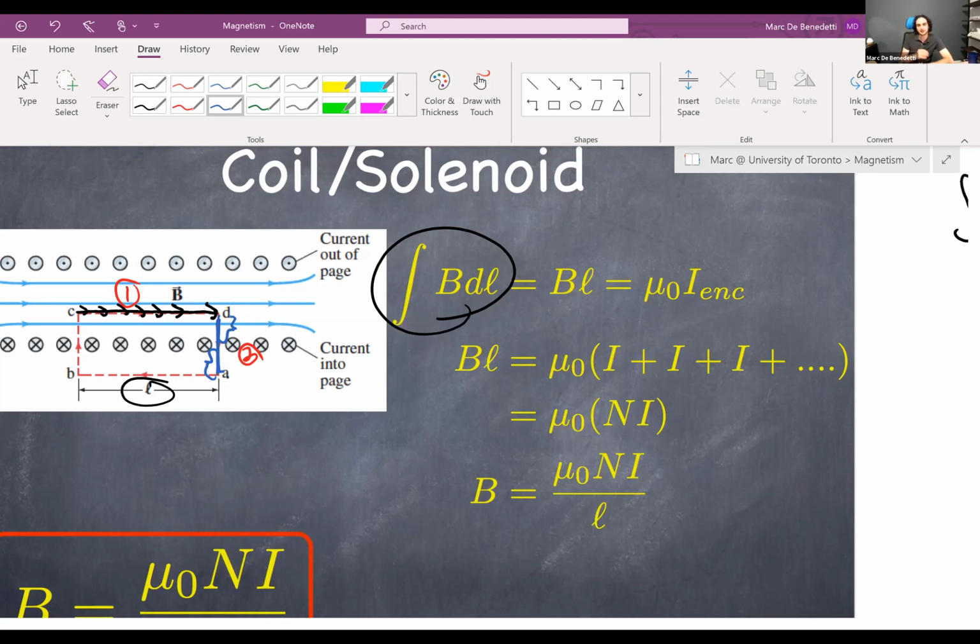The strength of the B field is not constant everywhere along this path. You're right, it's not. However, we can salvage this because what is the angle between the B field and the Amperian loop? We've got the B field pointing right, and the path is pointing down. What's the angle between the direction of right and the direction of down? Theta equals 90.